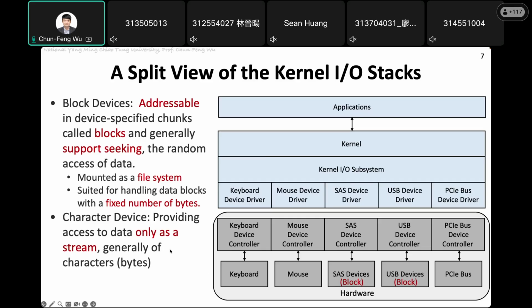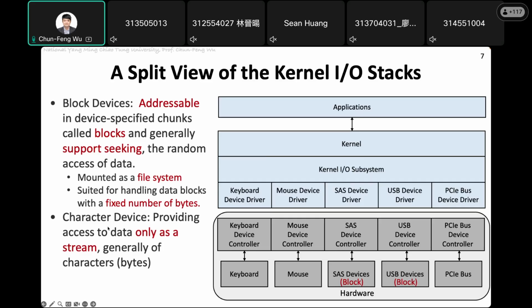There is only the keyboard sending a request each time the user types. And also the GPU, because a GPU is not a storage device. GPU is for computing, so the GPU will keep sending, for example, results to the CPU. So this is a stream, and if this is a stream, then you are not able to chunk it into blocks, or do seeking.